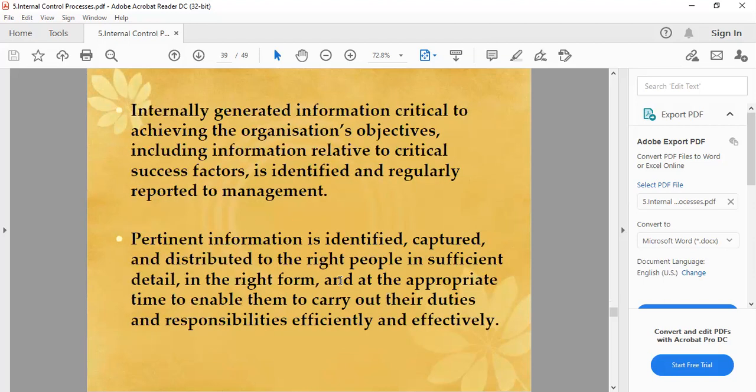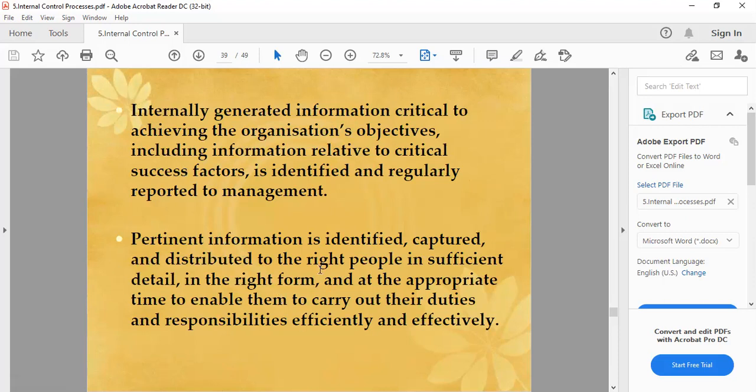Moving on, internally generated information is critical to achieving the organization's objectives, including information relative to critical success factors. So in an organization, especially with the big scale, there are certain statements or areas by which we can determine that, oh, we are doing good or well. And then it's identified and regularly reported to management.